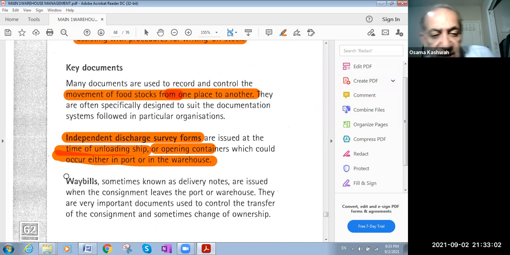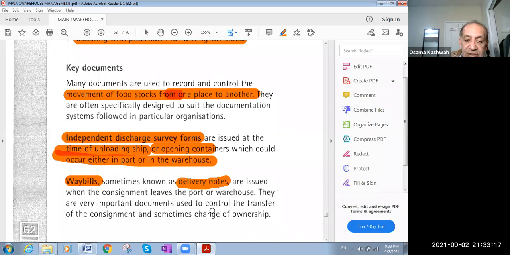So this is the first one, the independent discharge survey form. This is the first documentation of the warehousing, which is important for the warehouse. Okay. Waybills, sometimes known as delivery notes, are issued when the consignment leaves the port or warehouse.